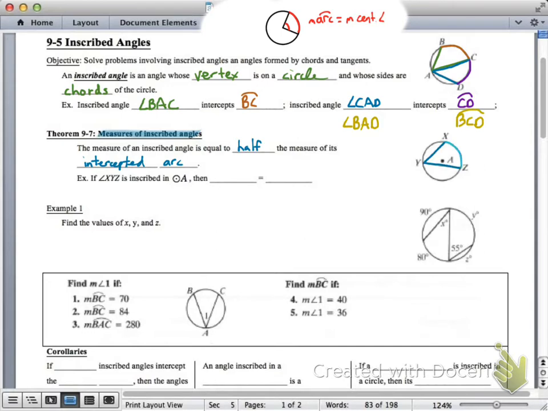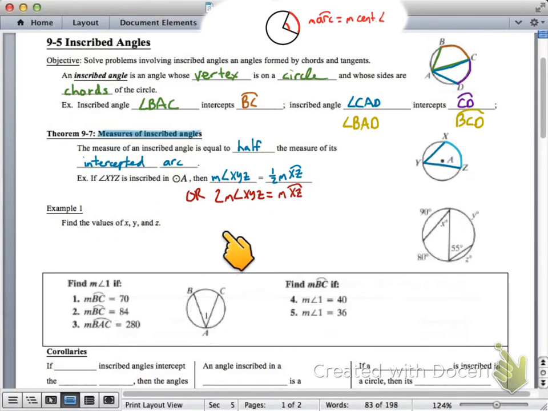So in this example over here, if angle XYZ intercepts arc XZ, then the measure of angle XYZ is equal to half the measure of arc XZ. Or, the other way you can say it is double the measure of the angle equals the arc. So the angle equals half the arc, or double the angle equals the arc.